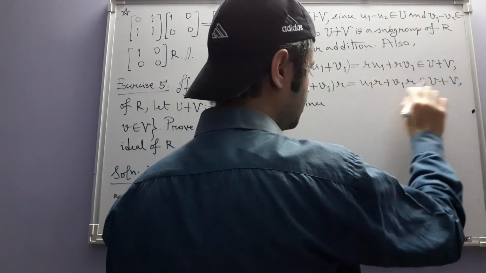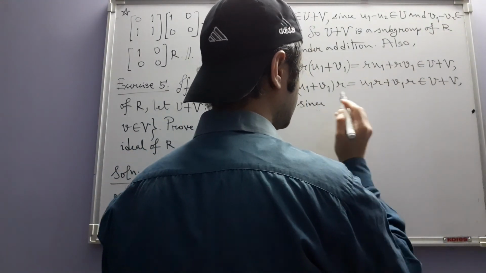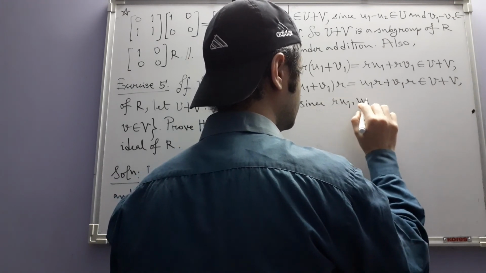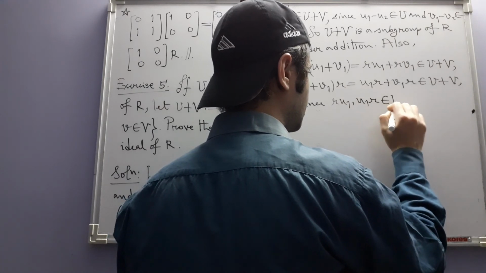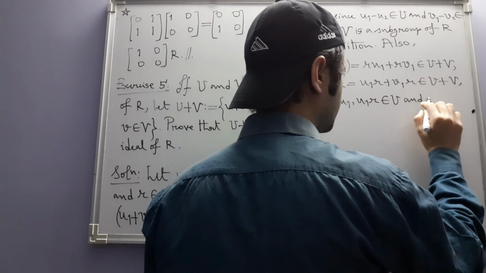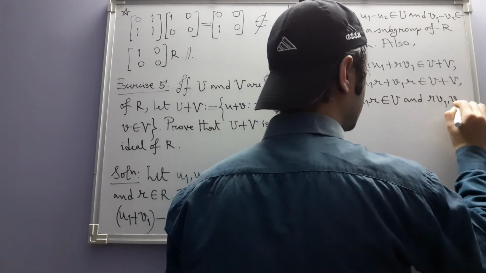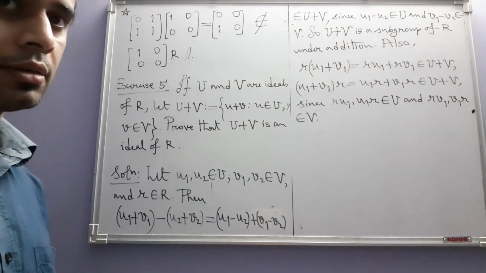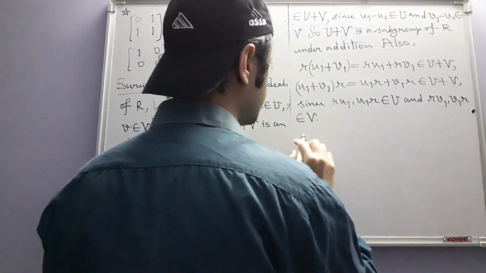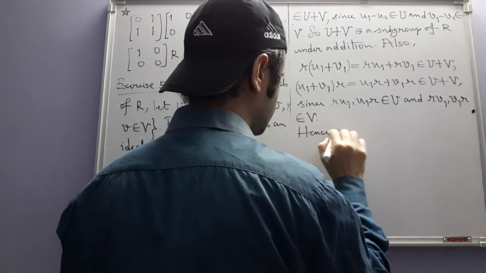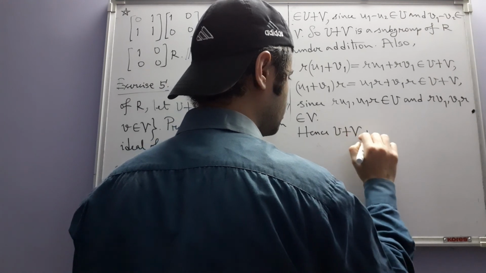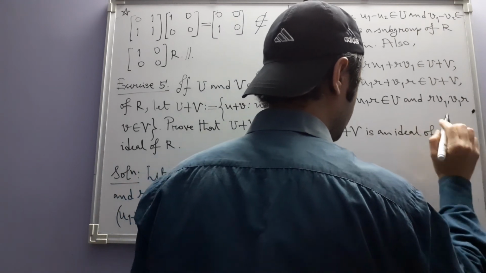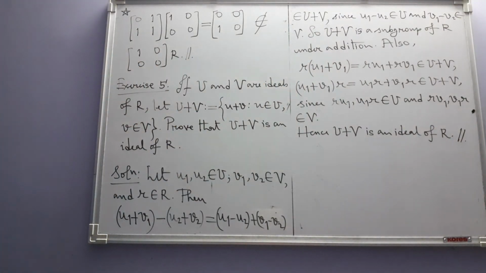Now the reason for these two to belong to U plus V is this: RU1 and U1R are elements in U, and RV1 and V1R are elements in V, and that is because U and V are ideals. Hence, U plus V is an ideal of R, and that completes the solution.